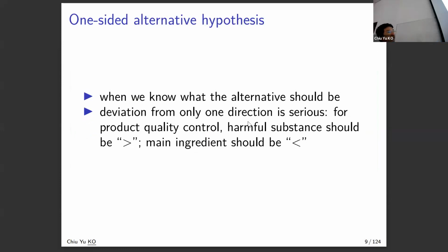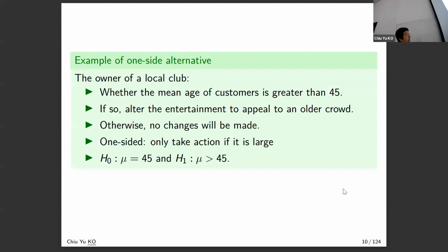If you are a government or in quality control or regulation, you would sometimes care about more than or less than. Let's remember our example on whether a local cup wants to use a more older version of entertainment, depending on the age of the customer.